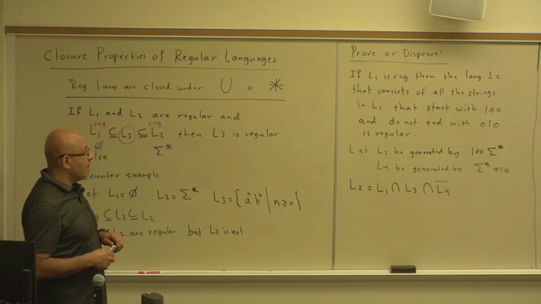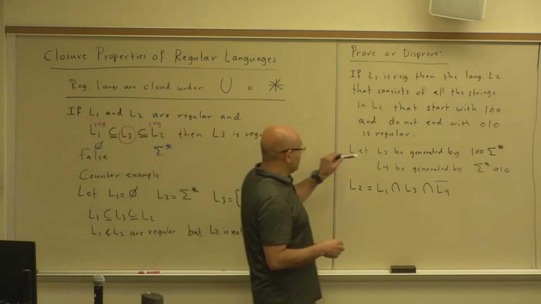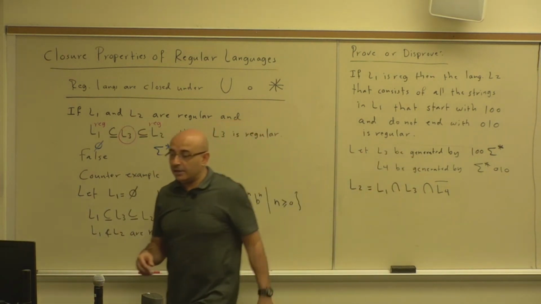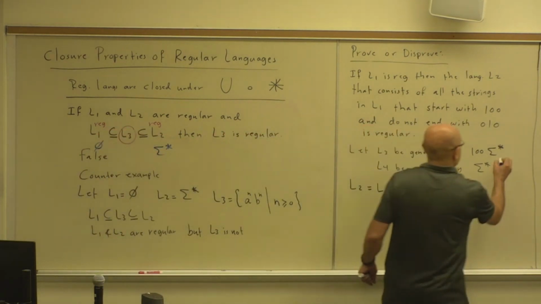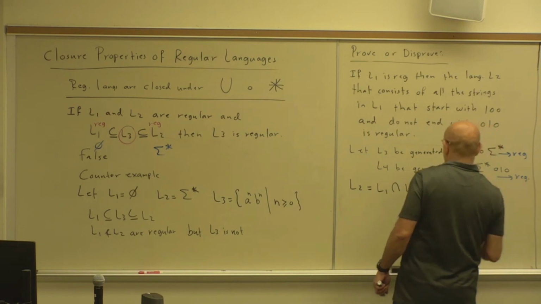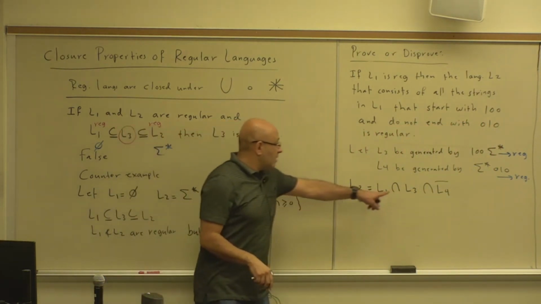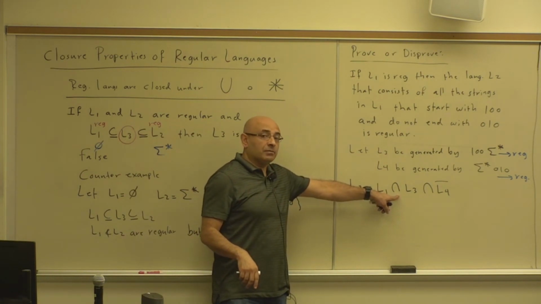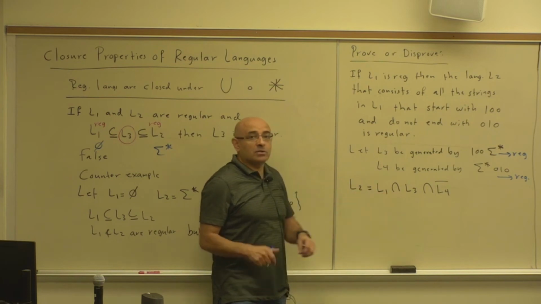Now, what can you say about L3 and L4? They're clearly regular because there is a regular expression. So this is regular and this is regular. So all of them are regular, and these are operations that we proved regular languages are closed under.